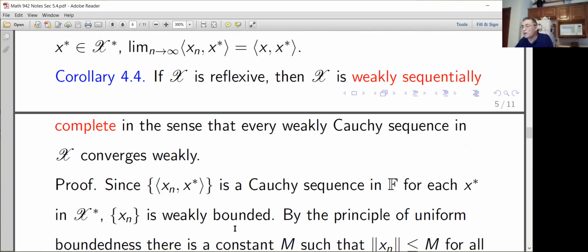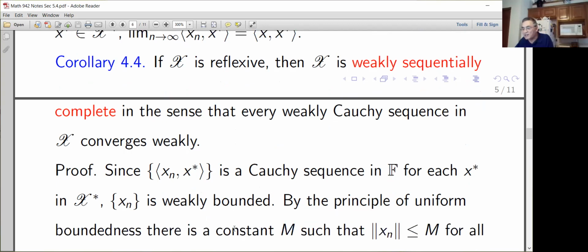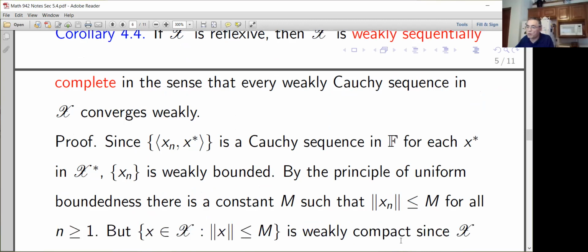By the principle of uniform boundedness, there is a constant m such that the norm of Xn is less than or equal to m for all n greater than or equal to 1. This just says that if Xn is weakly bounded, it must be norm bounded.